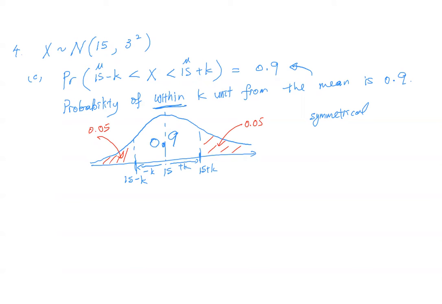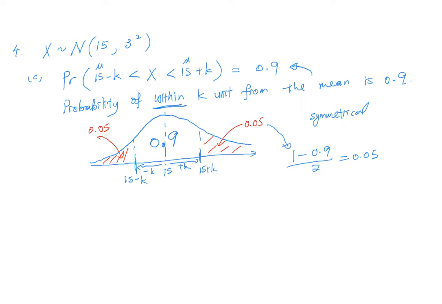If I don't give you 0.05, how are you going to get this 0.05? 1 minus 0.9 divided by 2. Yes, that is what you are supposed to tell me. Whoever gave me the answer, you are getting the right thing, but the red one is what you're supposed to show me. So you have to know how to calculate.